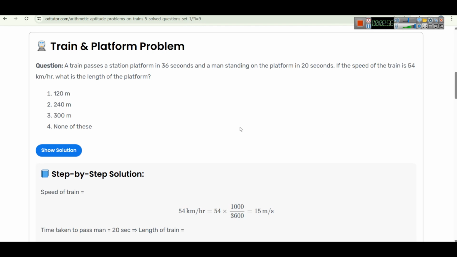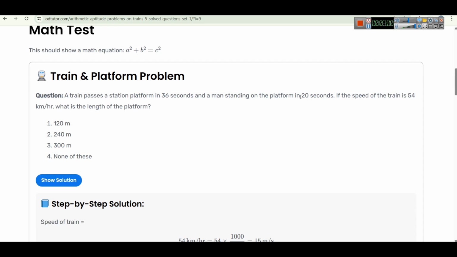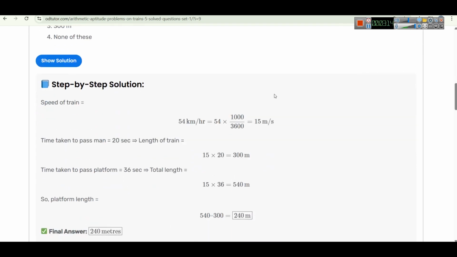So what is the note in such cases? First, see how the time is given and how the unit of speed is given. Either convert it into hours or convert it into seconds. It will be easier to convert it into seconds. So you will multiply it by 1000 by 3600, or 5 by 18.